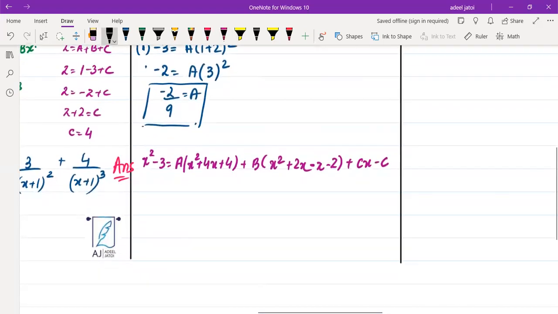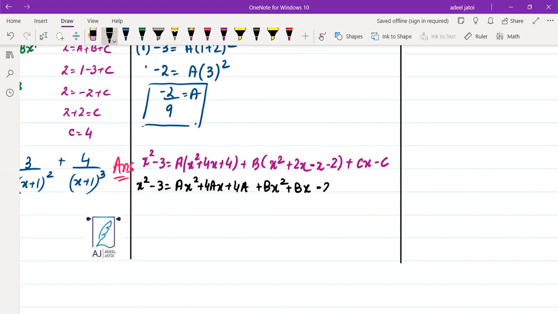And we need to further open it as x square minus 3 equals ax square plus 4ax plus 4a plus bx square plus bx minus 2b plus cx minus c.